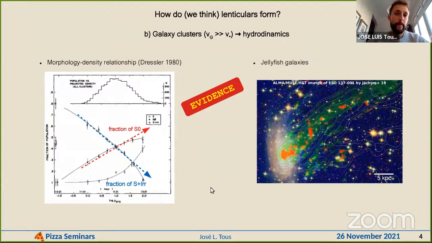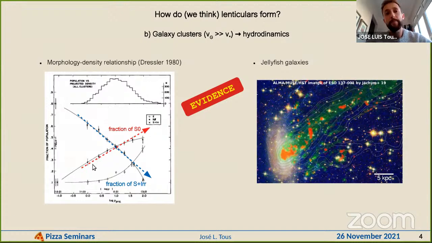Or very often, the well-known morphology density relationship discovered by Dressler and that is observed inside clusters that are dynamically relaxed is often invoked as a sign that indicates that lenticular galaxies can be born inside the cluster of galaxies.